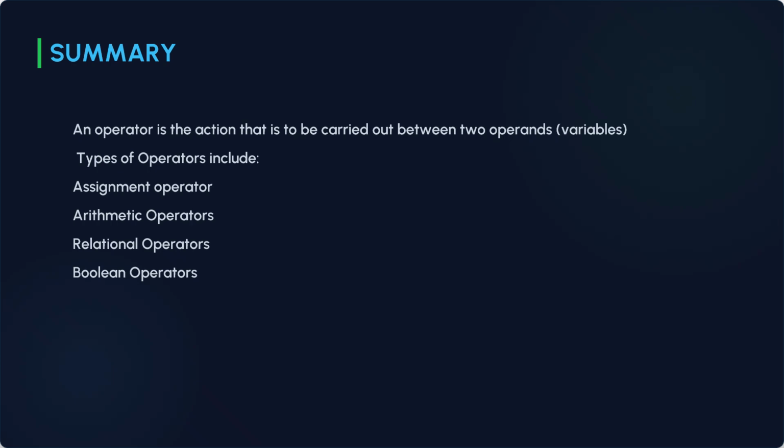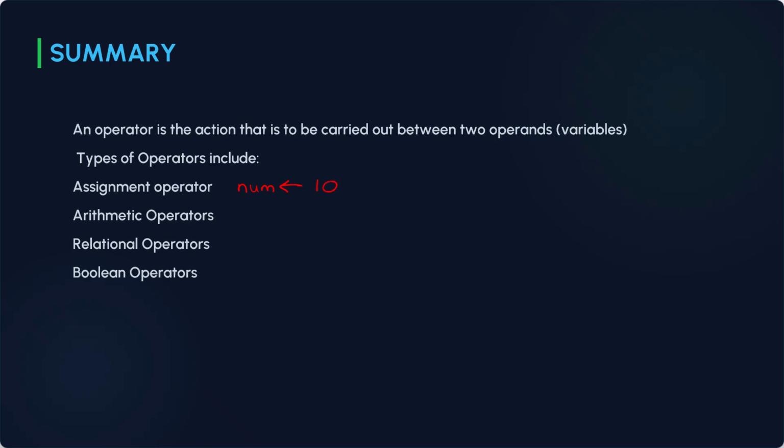Summing up, we can say that an operator is the action that is to be carried out between two operands or two variables. The different types of operators included in your syllabus are the assignment operator, which is denoted by an arrow directing from right towards the left, where the left is the name of the variable and the right is the value that is to be assigned to that variable.